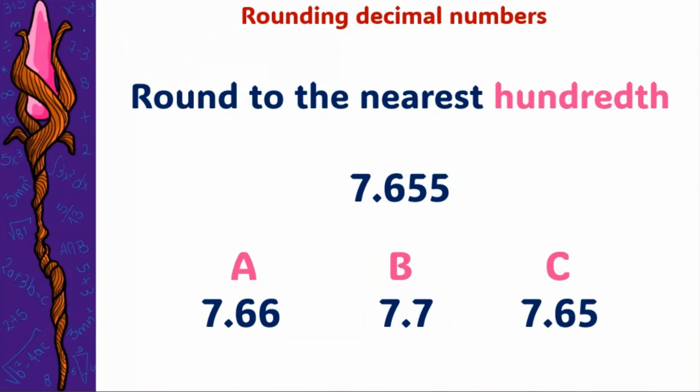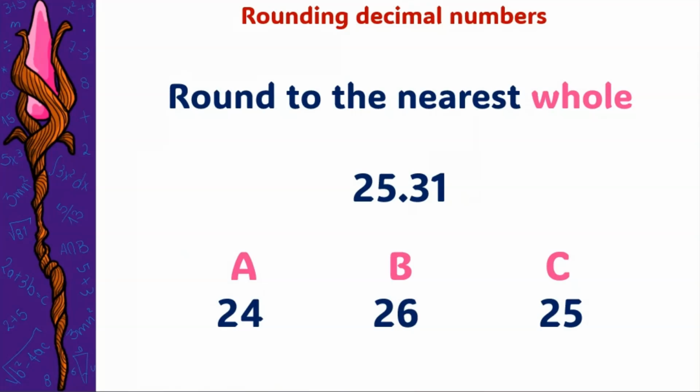Next one, round to the nearest hundredth. Okay, the hundredth is this position, so we need to check this one. It's 5. 5 makes it go up. So A, 7.66. Next one, round to the nearest whole, 25.31.